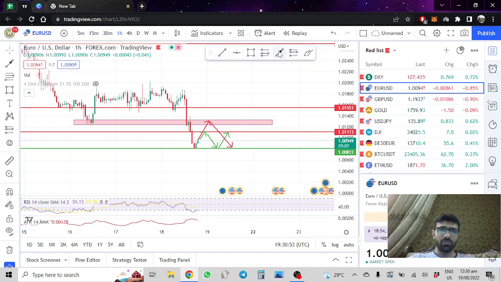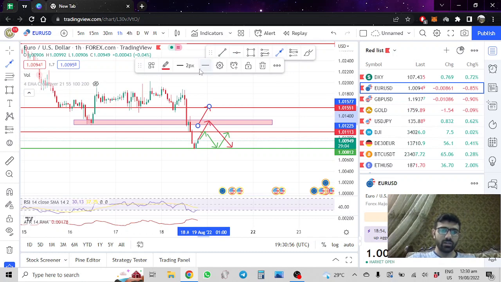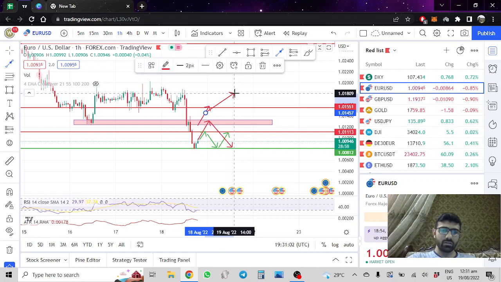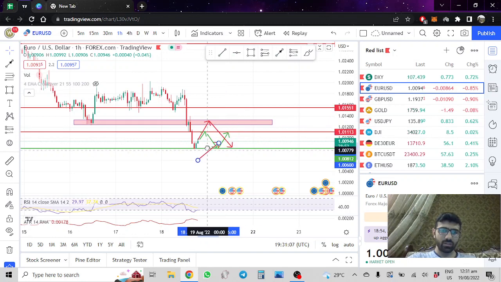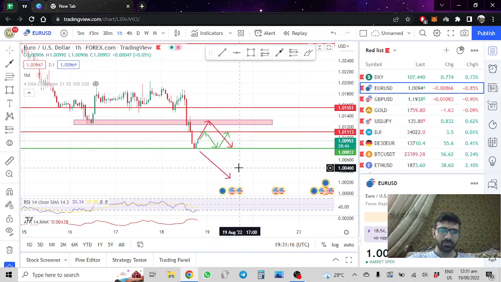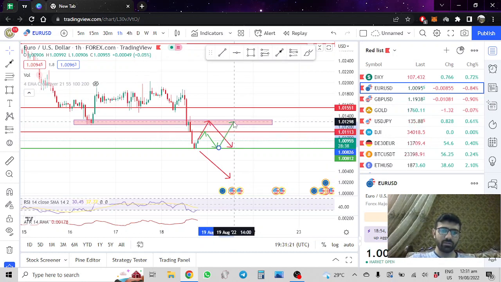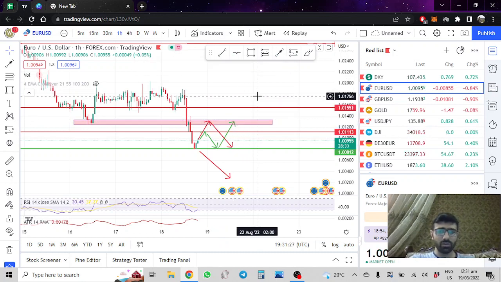Or if you are a risky seller, and if the market closes below this zone, then maybe you can go short straight away. So just be careful about all the scenarios, and in the buying setup, if this setup is hit, then you can go long till here, or maybe more depending on what kind of trade you are taking. Next we are gonna study GBPUSD.